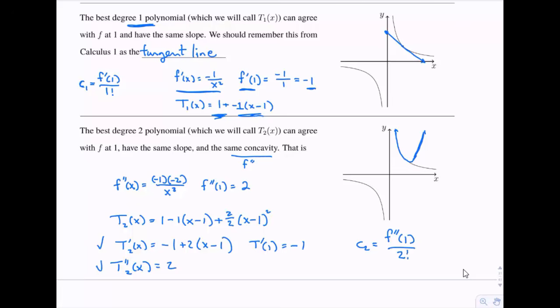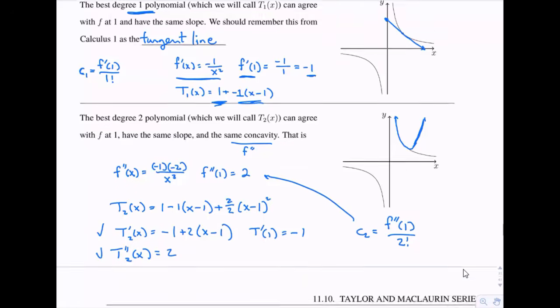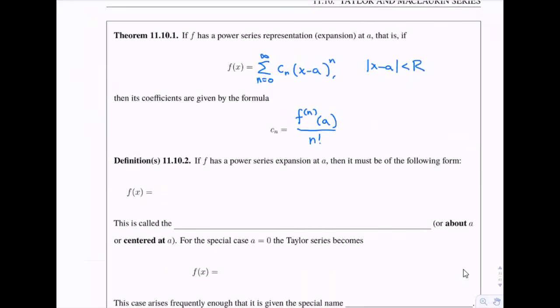Now c sub 2, take a second derivative evaluated at 1 divided by 2 factorial. So this is essentially why we had to divide by 2 here. And you can see now how this expands as I go to calculate a c sub 3 or c sub 4 or in general c sub n, right? You'd have to divide by higher and higher factorials.